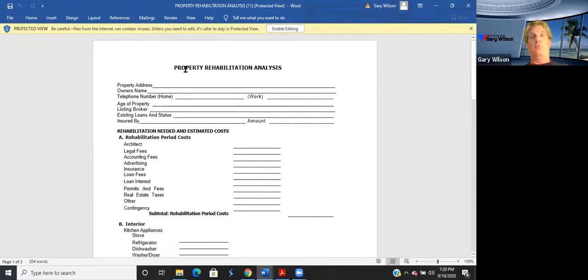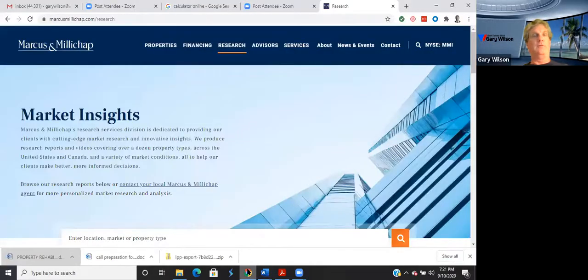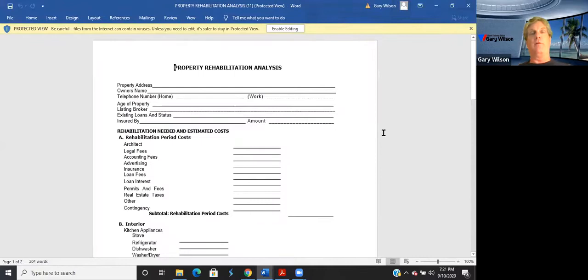So we use this form, and this form is on the Real Estate with Gary Wilson website. All you do is go to realestatewithgarywilson.com, click on members area, log in, go through your dashboard, then click on silver.